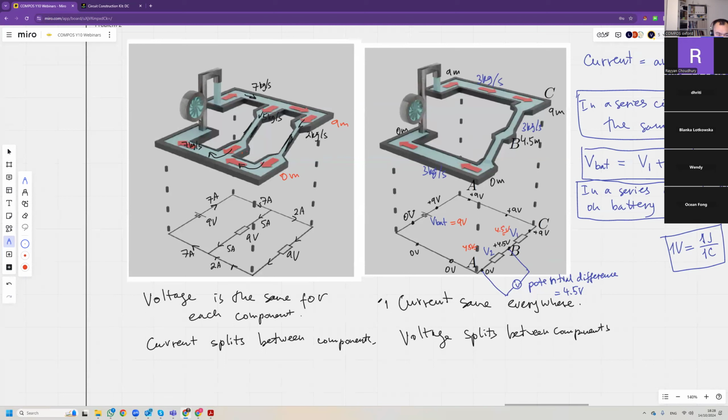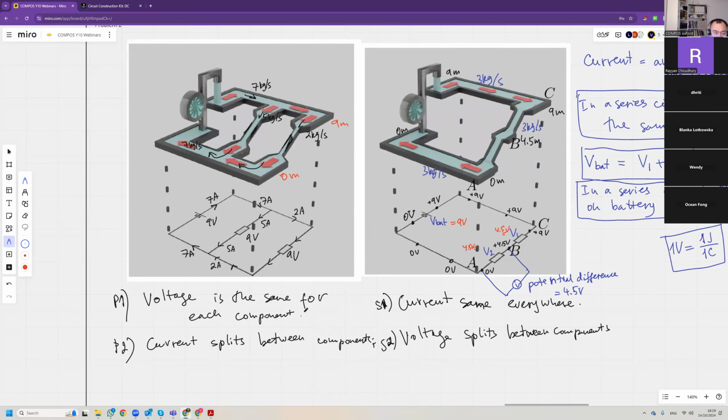We call this the current rule. Let's say series 1, series 2. They don't really have these names, but parallel 1, parallel 2. Series rule 1, current is the same everywhere. Series rule 2, voltage splits between components. Parallel 1, voltage is the same for each component, and P2, current splits between components.